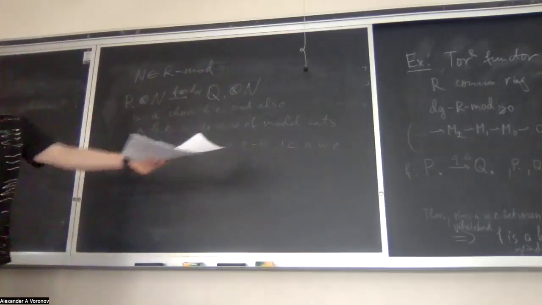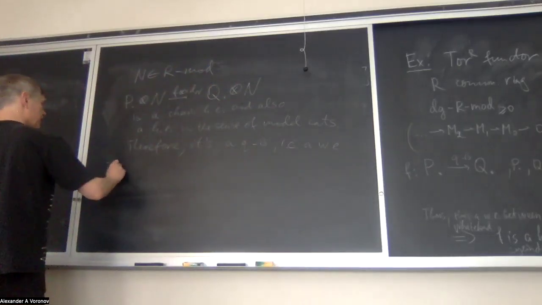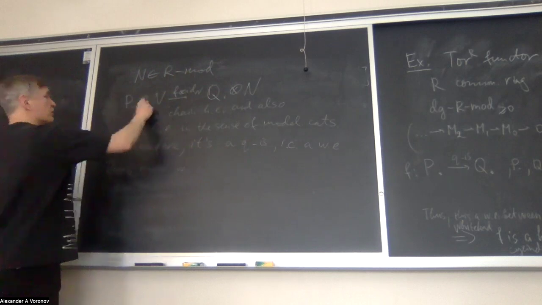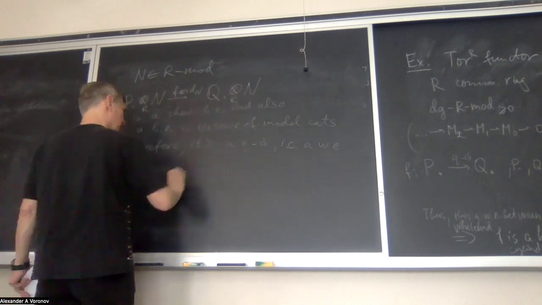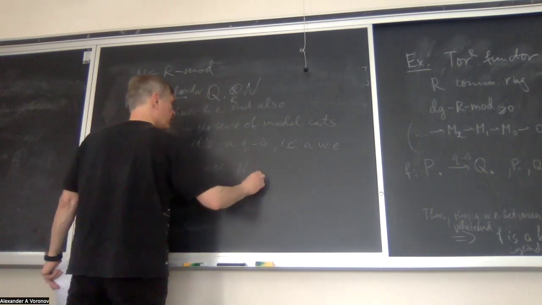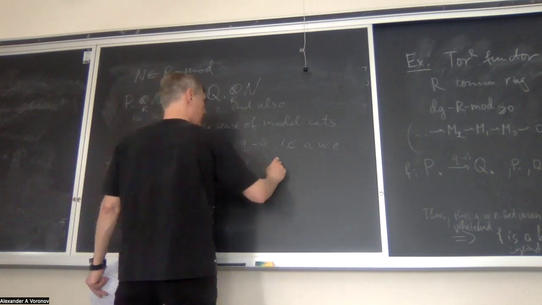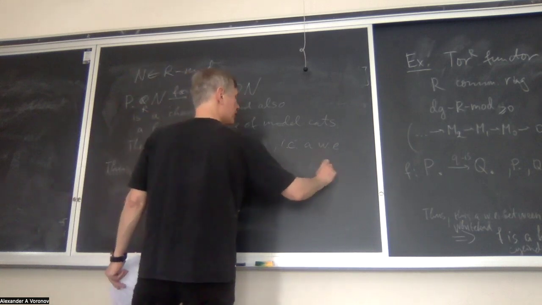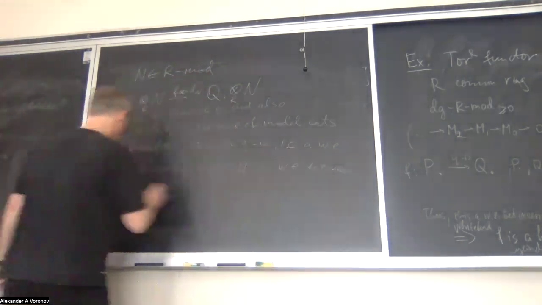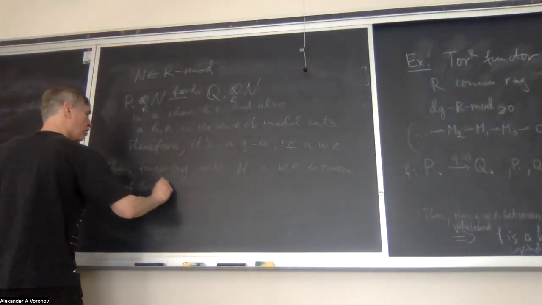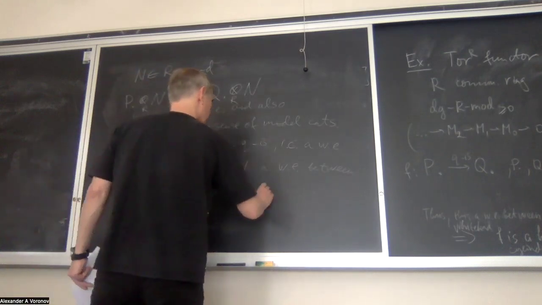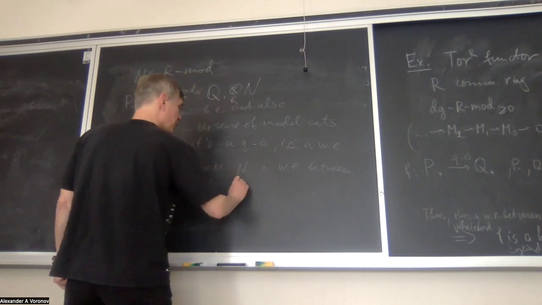So what we've checked is this condition that tensoring over R with M sends a quasi-isomorphism, a weak equivalence between cofibrant objects, to a weak equivalence.